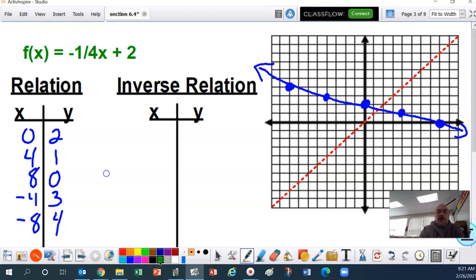Now, the inverse is going to be (2, 0), (1, 4), (0, 8), (3, -4), and (4, -8).